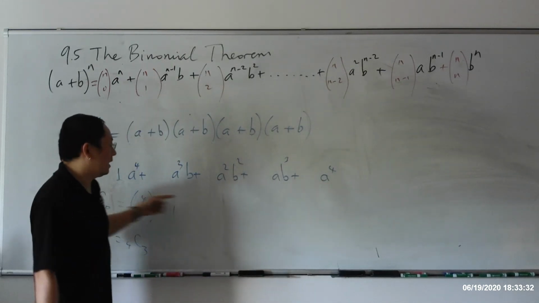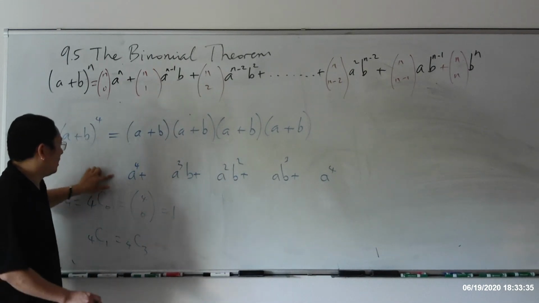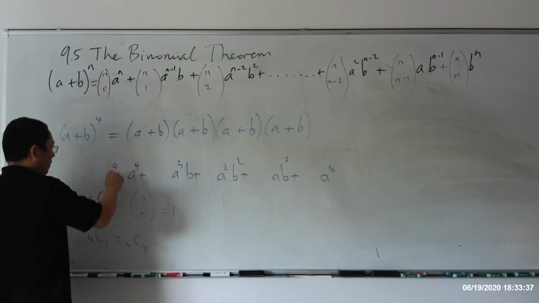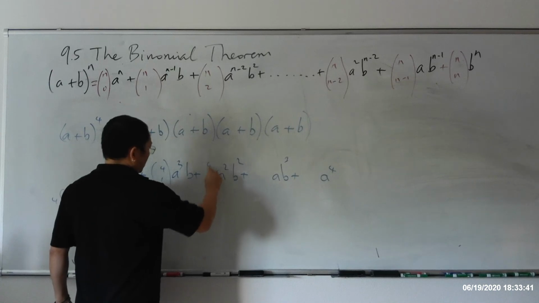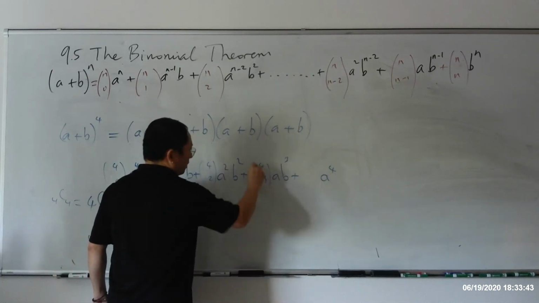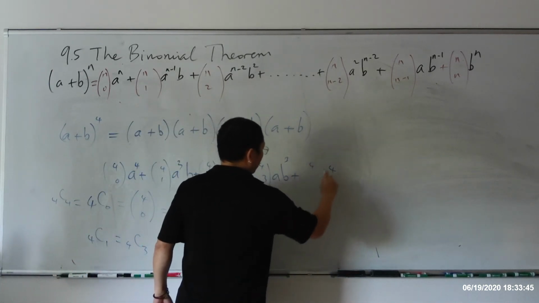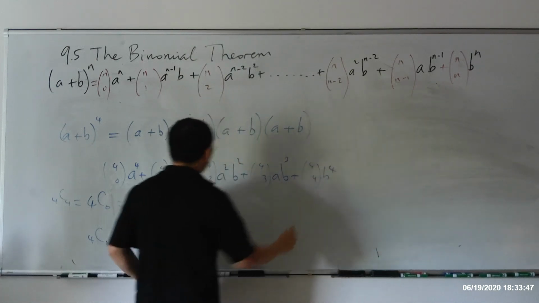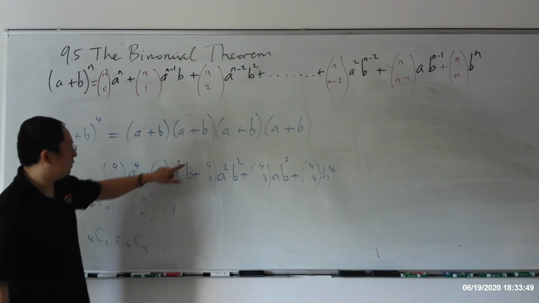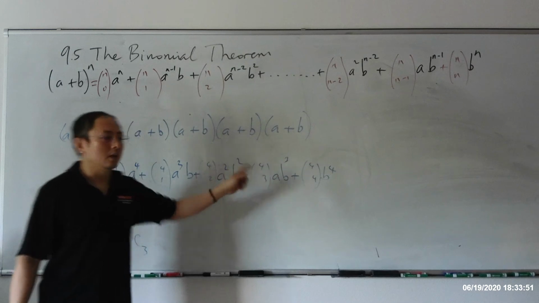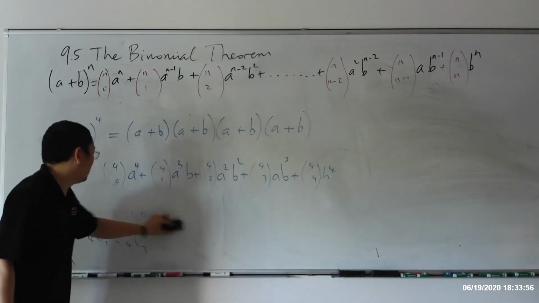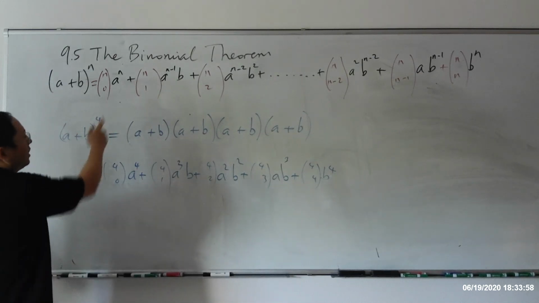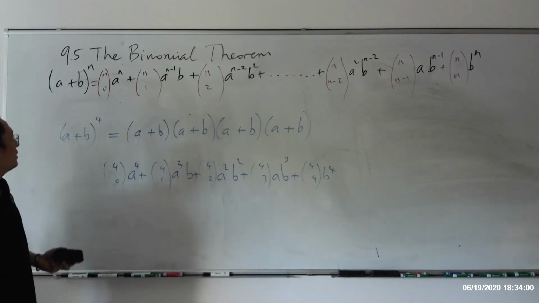And in order to organize them in the increasing order, we're gonna use this 4 choose 0, 4 choose 1, 4 choose 2, 4 choose 3, and this is b to the 4, 4 choose 4. You can write the other way around, 4 choose 4, 4 choose 3, 4 choose 2, 4 choose 1, and 4 choose 0. It's the same thing. Okay? And that explains how or why we have the general formulas right here for n terms.